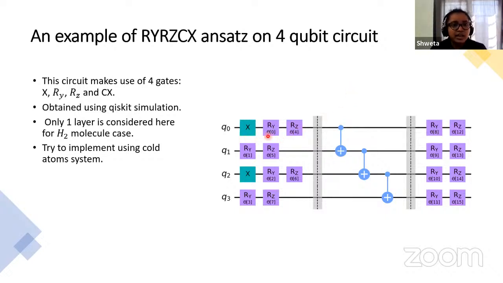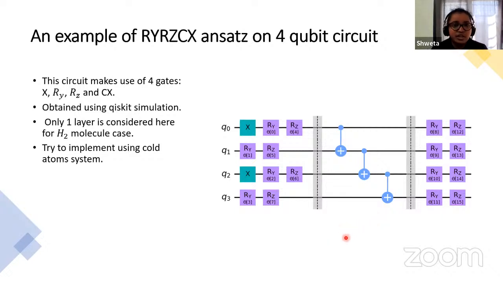As you can see, we have used only one layer of this hardware efficient ansatz, to simplify our explanation and so that we can explain how this is going to be applied.